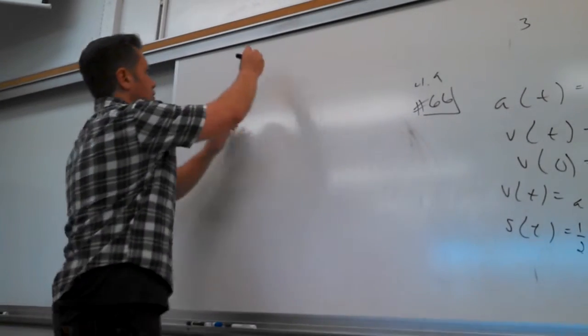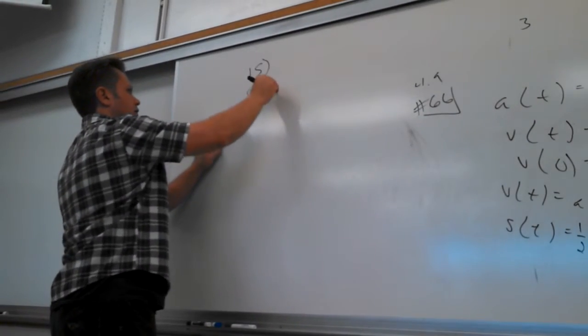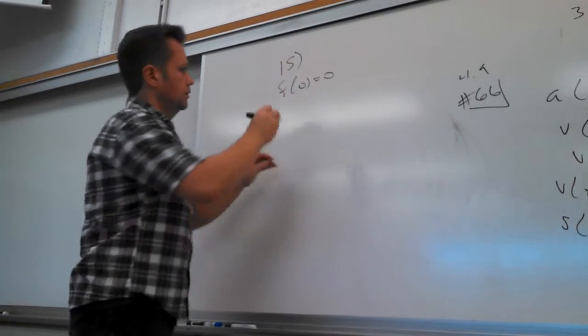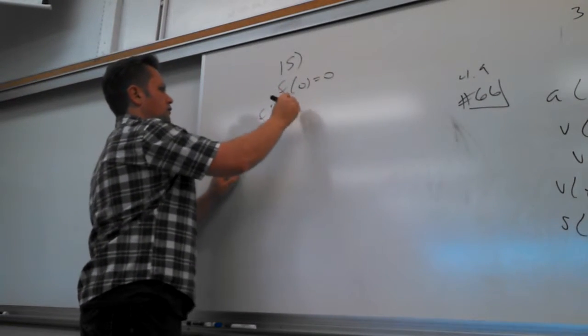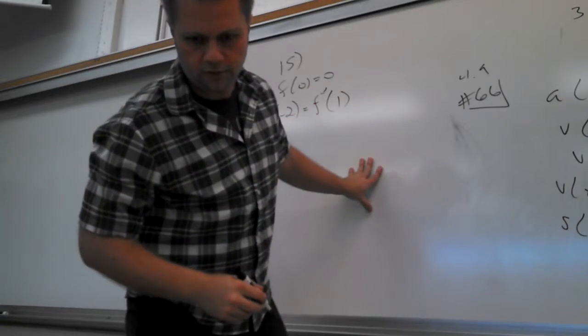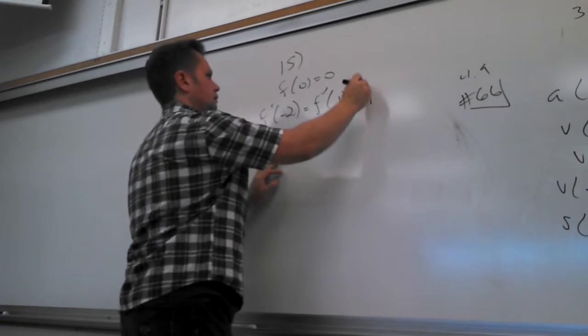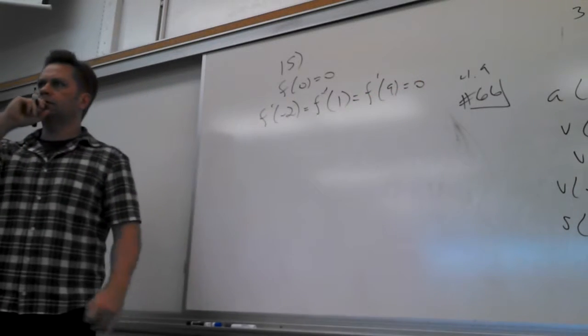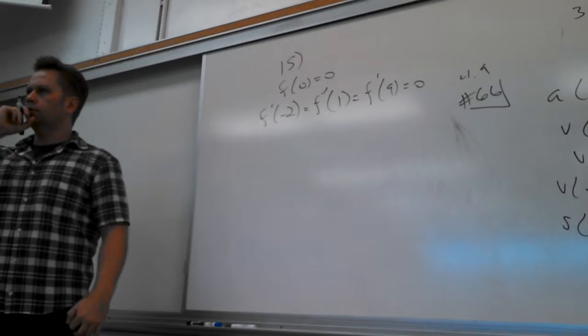So 15 tells you to graph this. They say a function where f of 0 is 0. The slope at -2 and, what's it say, 1 and 9 are all 0. So what's happening there possibly at those 3 locations?